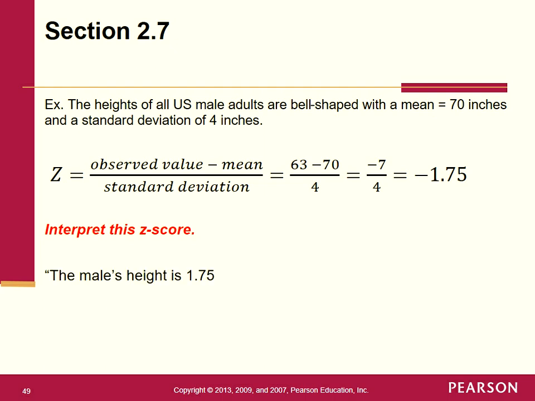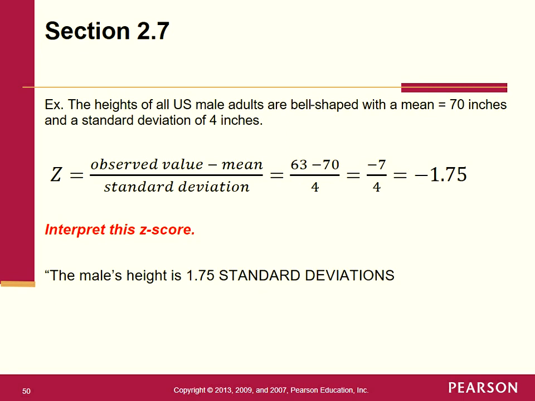So a male with a height of 63 inches, the male's height is what? 1.75. Now be careful, standard deviations. It's no longer in terms of x. That's kind of the point of z-scores. You've taken it completely out of the units of x, and we're looking at things in terms of standard deviations.